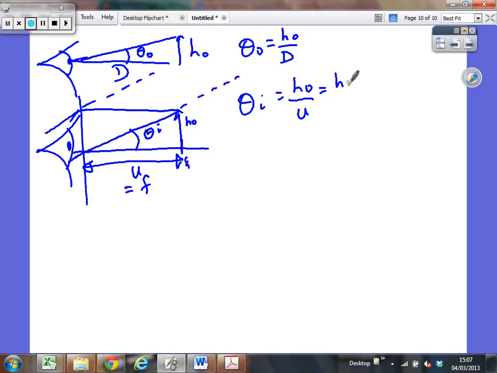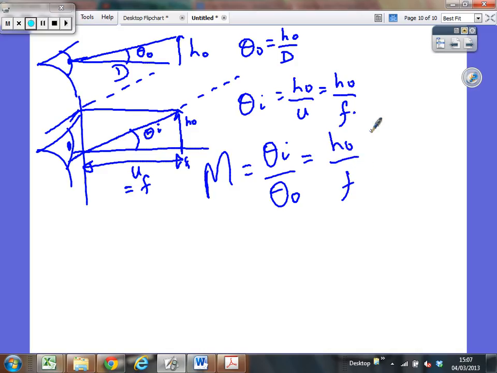So theta I is h0 over f. We define angular magnification as theta I over theta naught, and substituting in our values, I have h0 over f divided by h0 over d. The h0's cancel, and I get that the angular magnification is equal to d over f.